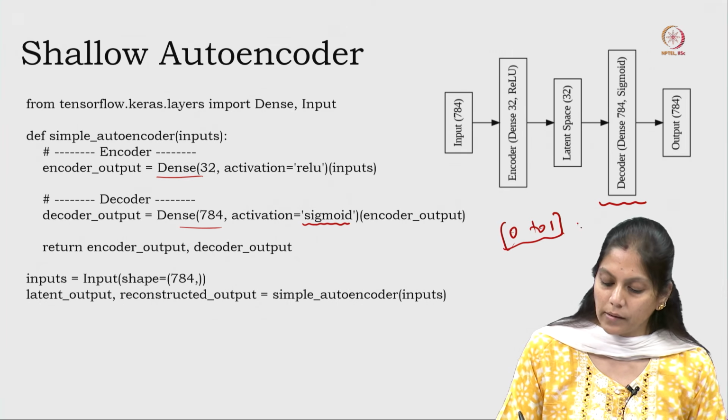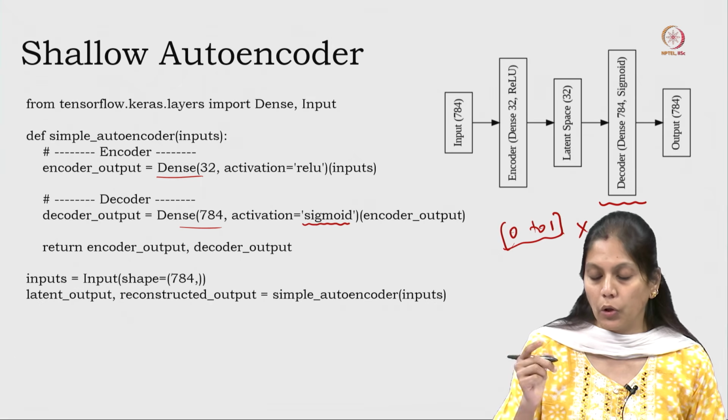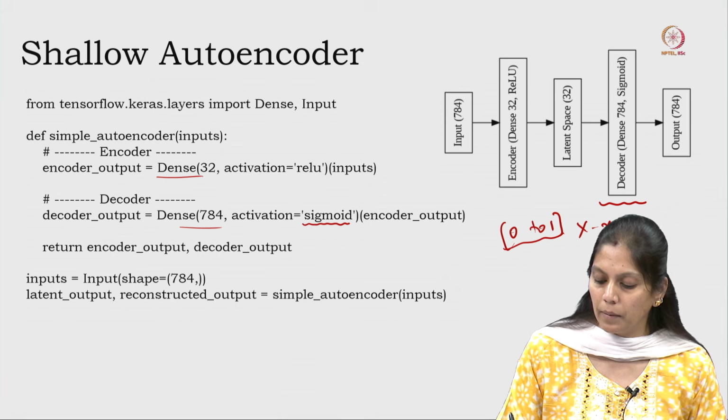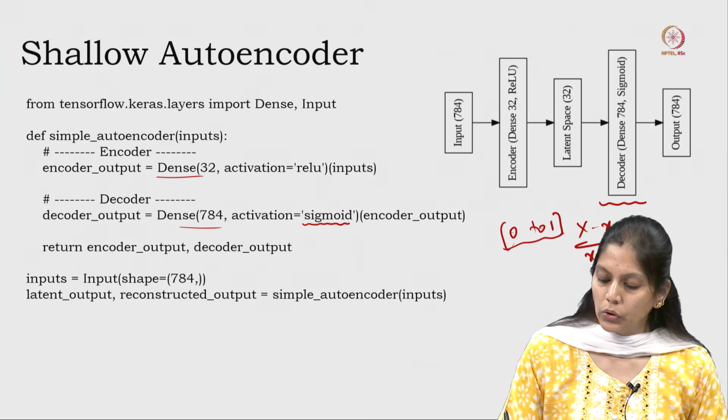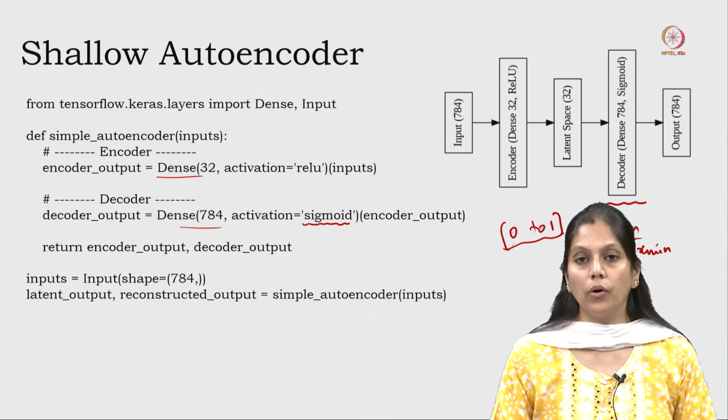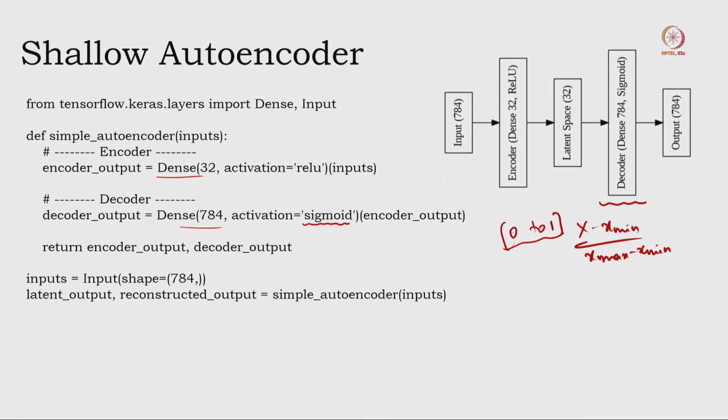What is min-max scaler? The formula is x minus x min, divided by x max minus x min. Now, when you have this, you have already changed your data and brought your entire data back to 0 to 1.